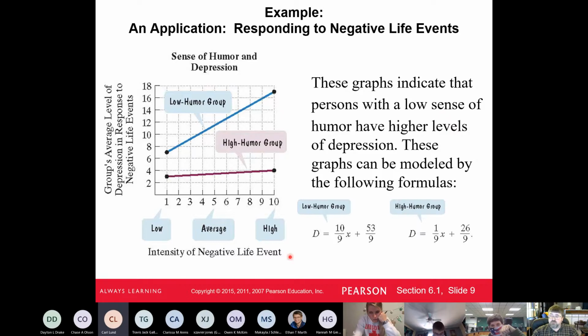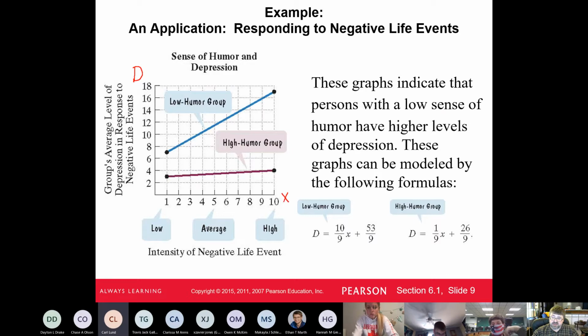But first, we talked about math modeling last time, and so here are the equations based on the graph. For the low humor group, that looks blue on my screen, the top line, the level of depression, that's what D stands for. D is our y-axis in this graph. That number, whatever it is, will equal 10/9 times x plus 53/9.